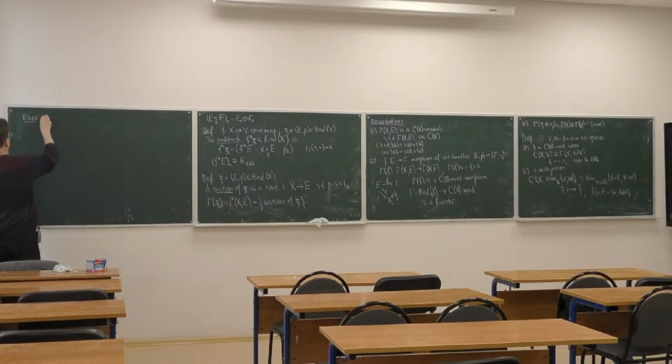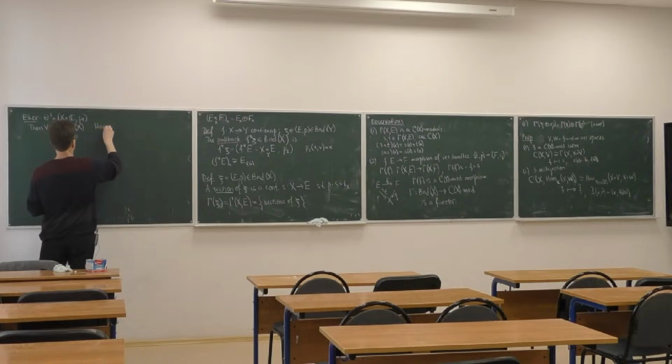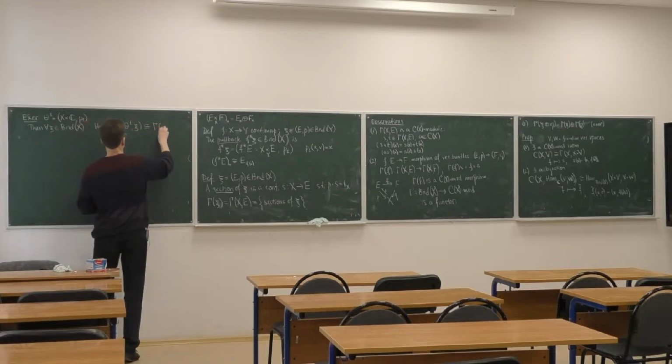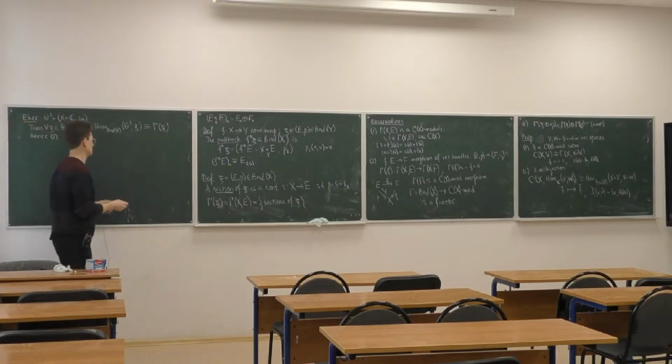Let theta 1 denote the one-dimensional trivial bundle over X. Then for every vector bundle psi over X, the set of all bundle homomorphisms from theta 1 to psi is naturally isomorphic to gamma of psi. And by using this isomorphism, we can observe that part 1 of this proposition is a special case of 2.